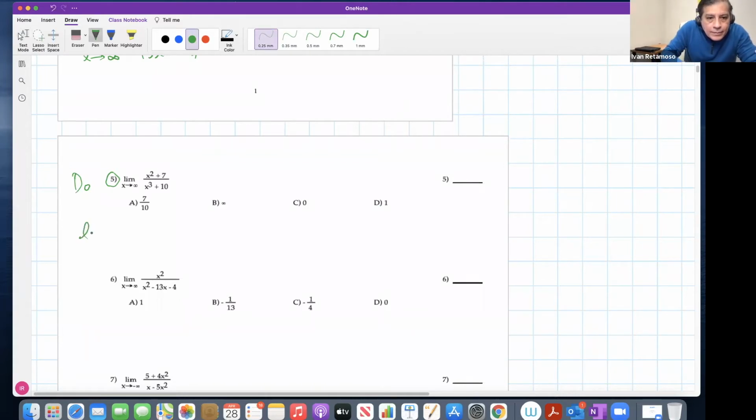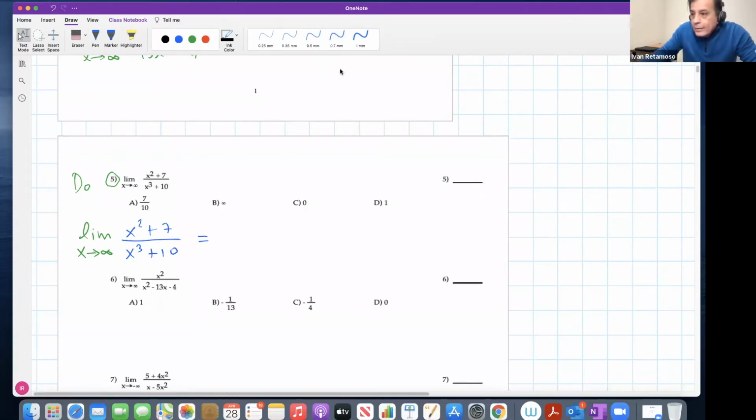Let's write this out, right? The limit as x approaches infinity of x squared plus 7 over x cubed plus 10, right? I still didn't figure this out using L'Hopital's rule or using the other methods, right?